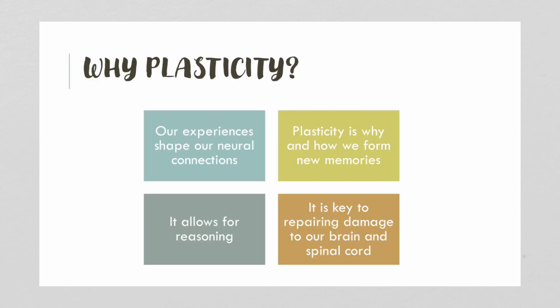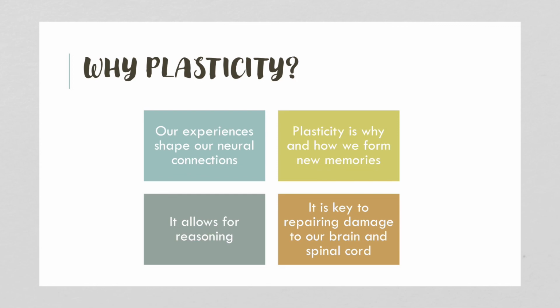So why do we have plasticity? It's because our experience that we have shapes our neural connections. So the activities that you participate in, where you go, what you see, everything that you are experiencing shapes your connections in your brain. And plasticity is why and how we form new memories.